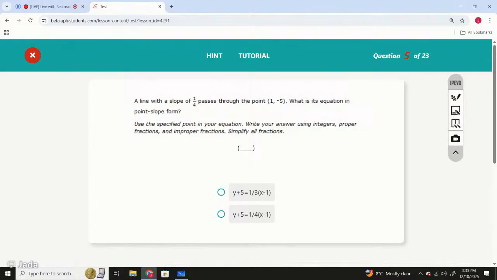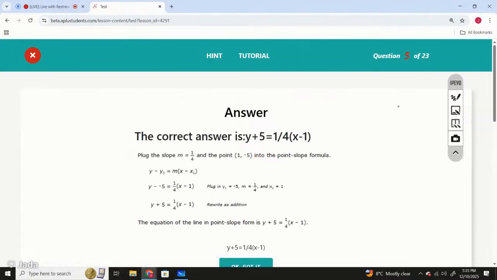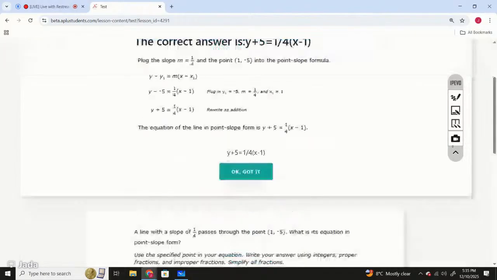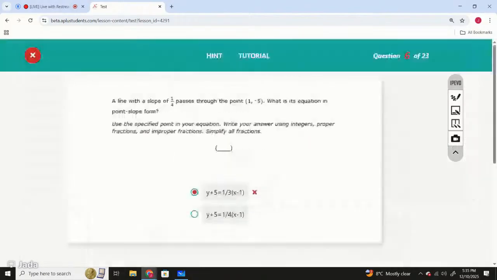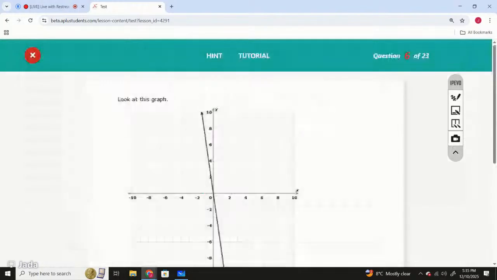The slope we are given is 1 by 4. So y plus 5 is equal to 1 by 4 times x minus 1.